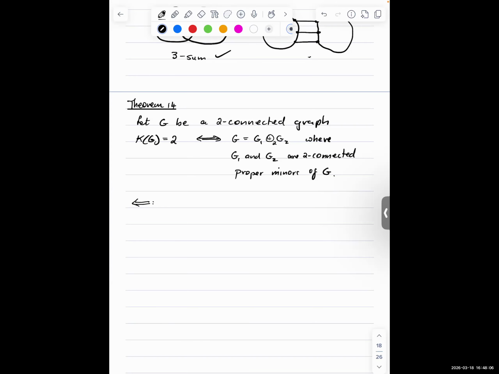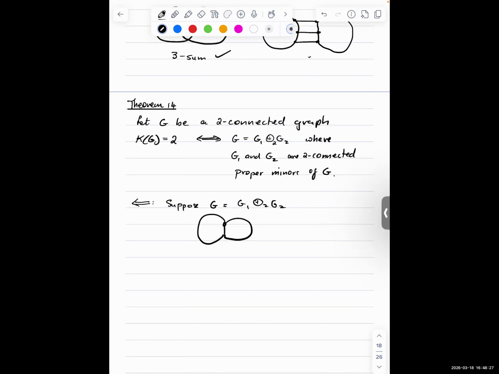Yeah. So suppose you can write G as G1 two-sum G2, right? So by the definition of two-sum, there is this kind of structure, right?